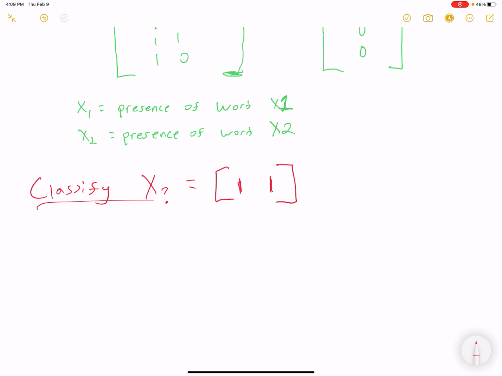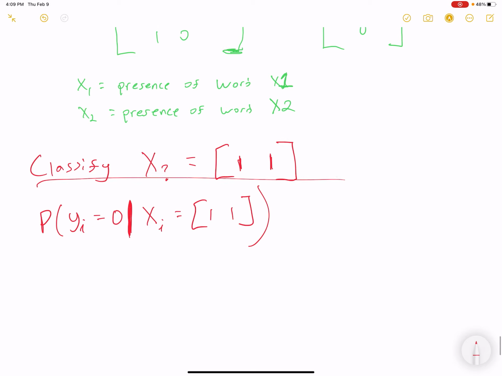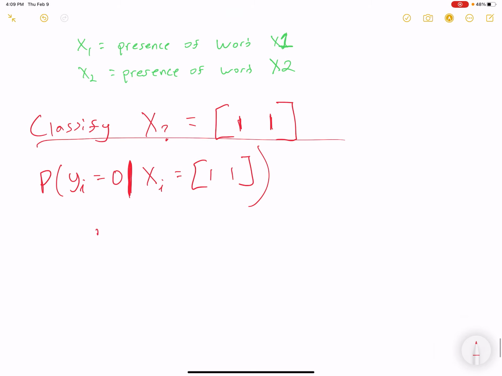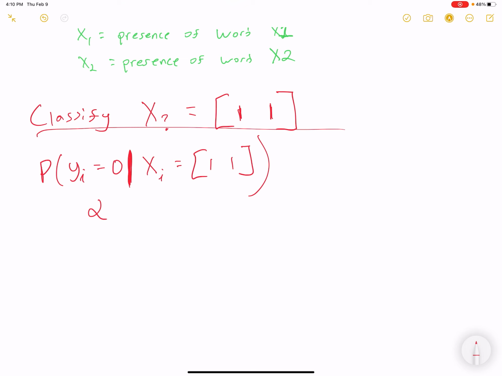Well, we would evaluate the probability that yi equals 0, given that the x data point is equal to 1, 1, which, just looking at the numerator, is going to be proportional to the probability that x1 is equal to 1, given that y is equal to 0.